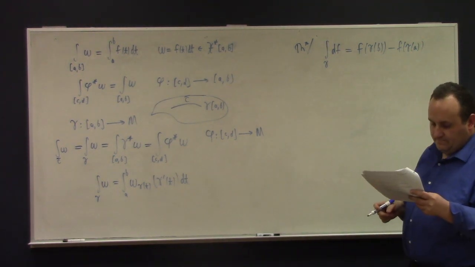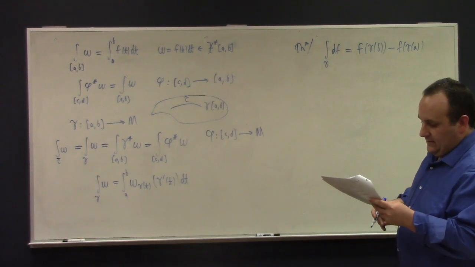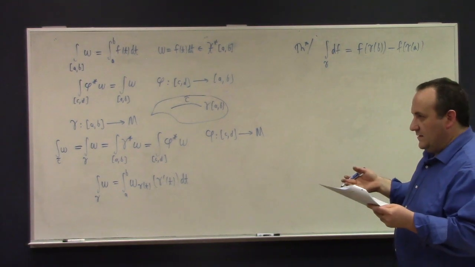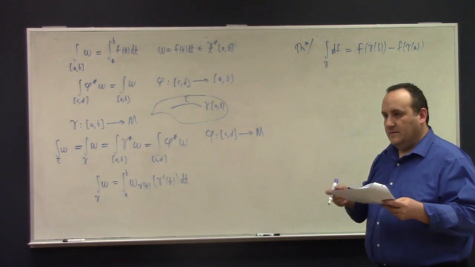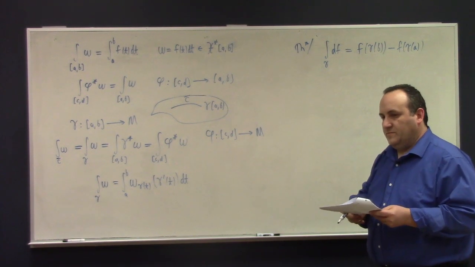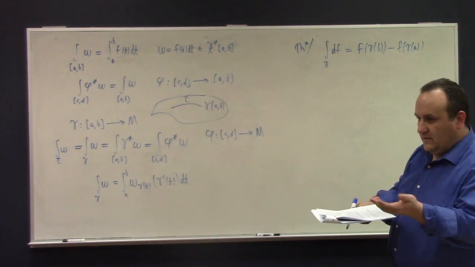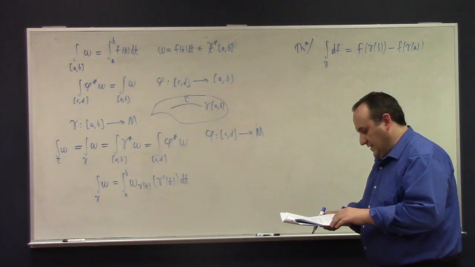All right? And technically speaking, if gamma is only assumed to be piecewise smooth, so you do the integral over each piece of the curve and you add it together, the interior points cancel out, and that's what you get.